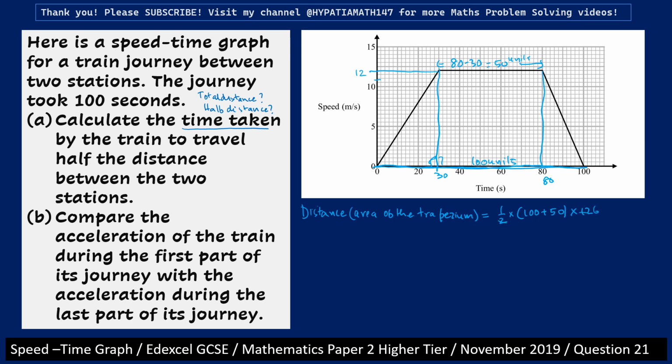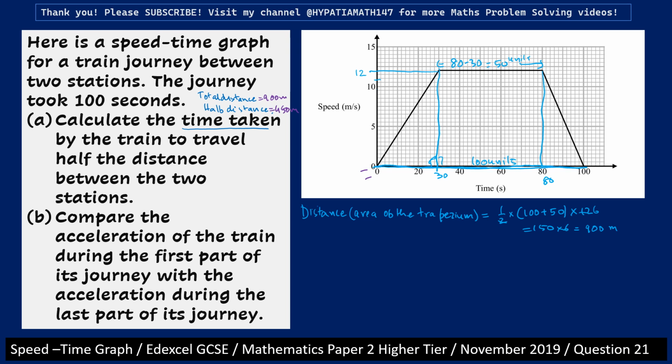So that's 6 times 150, that is 900 meters. So we now know the total distance is 900 meters, and half the distance is obviously 450 meters.